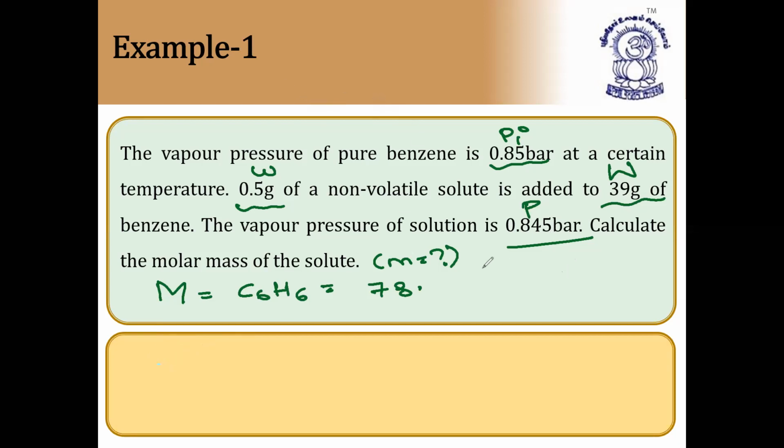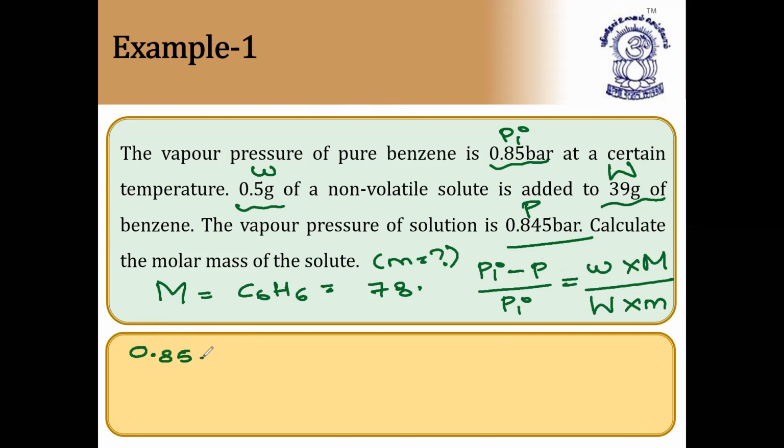So I'm doing the solution here. P1 naught minus P by P1 naught is equal to small w into capital M by capital W into small m. Small w is the weight of solute, small m is the molecular weight of solute, capital W is the weight of solvent, and capital M is the molecular weight of solvent.